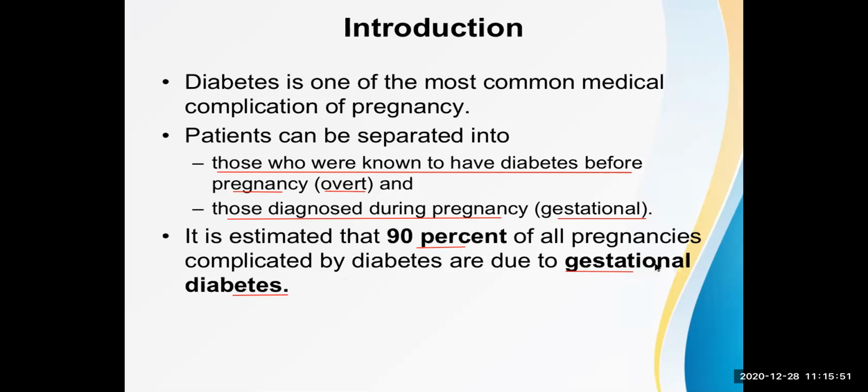And this is a good fact, because most of this gestational diabetes will disappear after the birth of the baby, and they'll come back to normal life. But some unfortunate ladies continue to have hyperglycemia even after the birth of the baby. Let's move on.